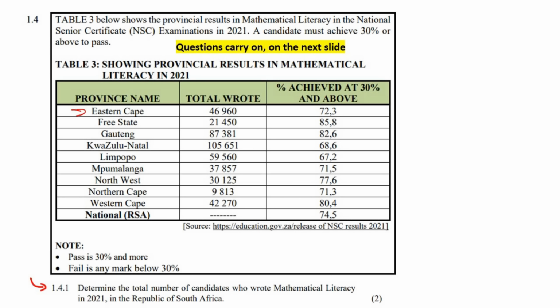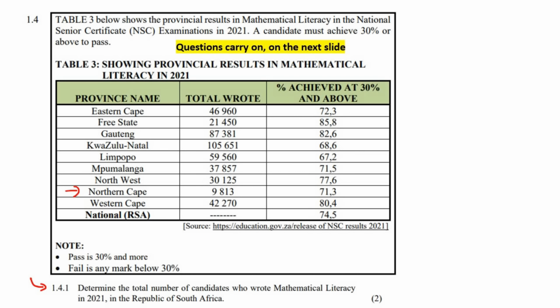The other percentage, they failed. They did not get the 30%. Okay. And then, I'll give you one more example. In the Northern Cape, there were 9,000 learners who wrote. And if you look at, only 71.3% passed, and then the remaining number, they failed. Okay. So these are the percentage of people that passed.